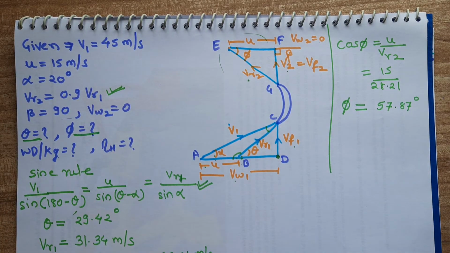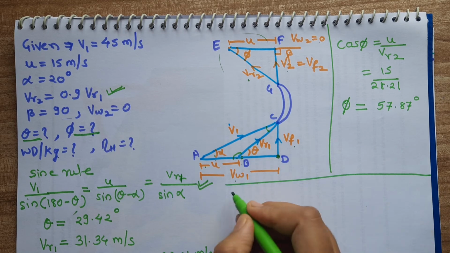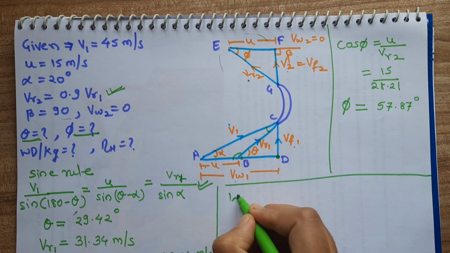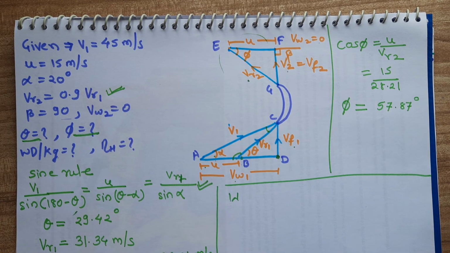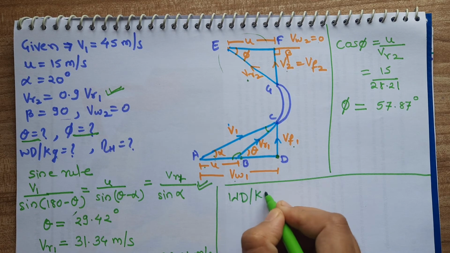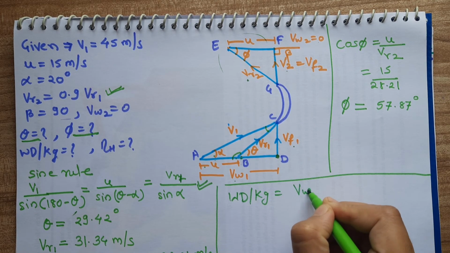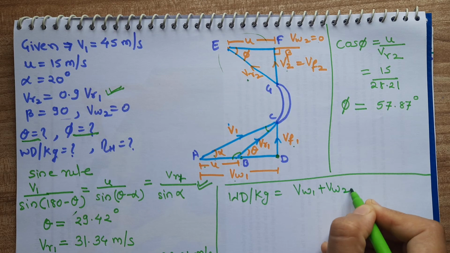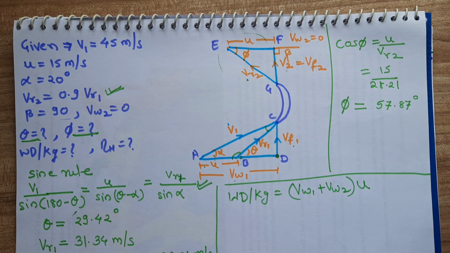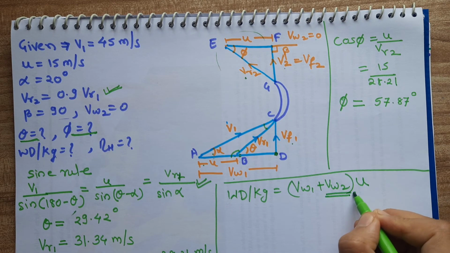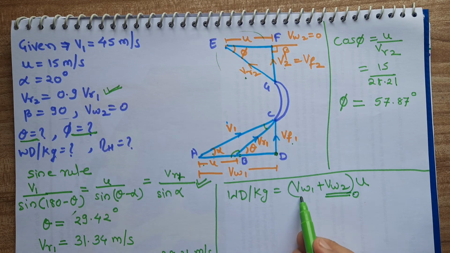Let's move to the work done per second, per kg. So work done per kg, our formula is VW1 plus VW2 into U. Now here VW2 we know it as 0. So the target is to find VW1.